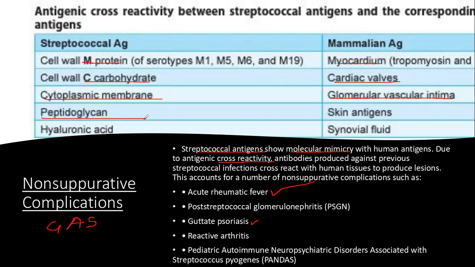Those against peptidoglycan will react with the skin antigens, hence the guttate psoriasis. Those against hyaluronic acid of the streptococcus will cross-react with the synovial fluid, hence the reactive arthritis. Okay, but today I want us to focus on these two. Antibodies against these are the ones which produce acute rheumatic fever.